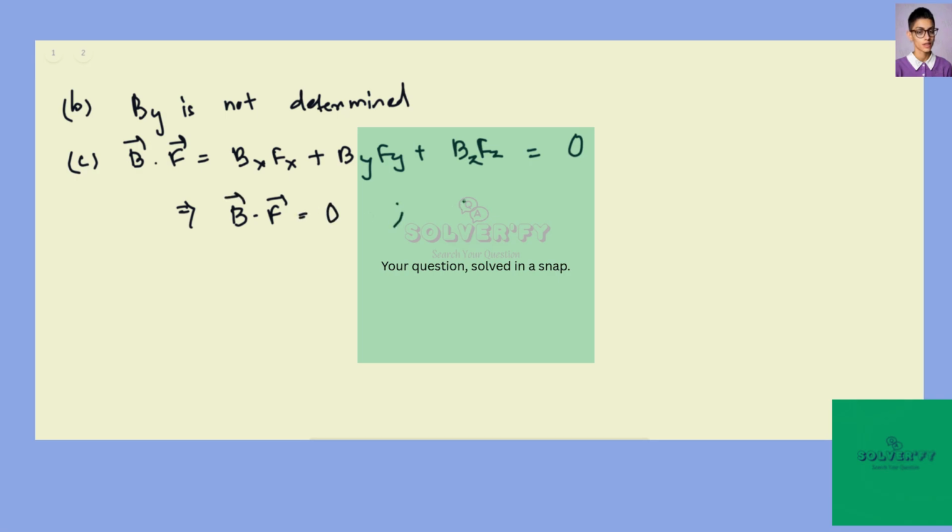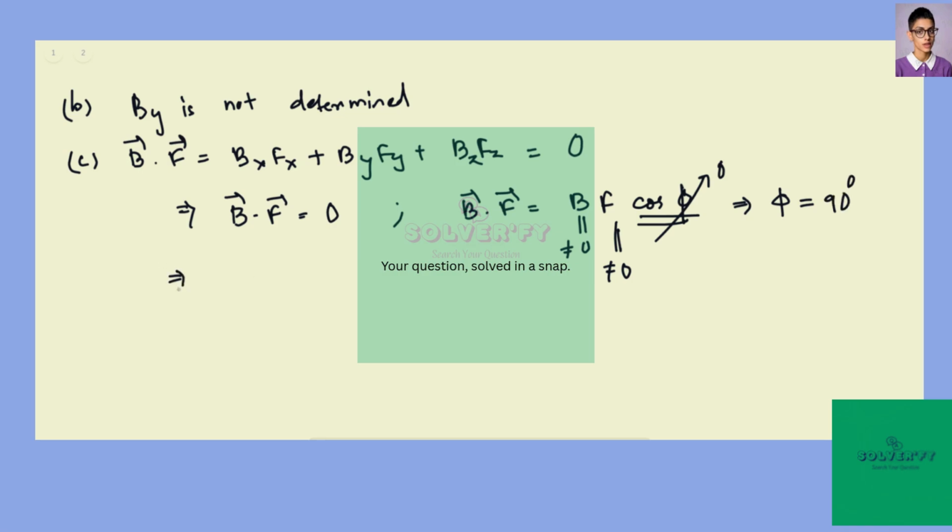But we know that the dot product is also given by the magnitude of B, magnitude of F times cosine of the angle between them. And in this case, B is not equal to 0 and also F is not equal to 0. So the only possibility that the dot product will be 0 is when cos theta goes to 0. This means that phi should be 90 degrees.